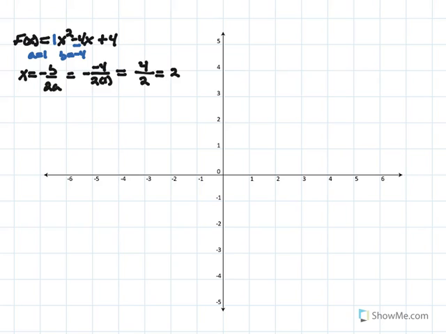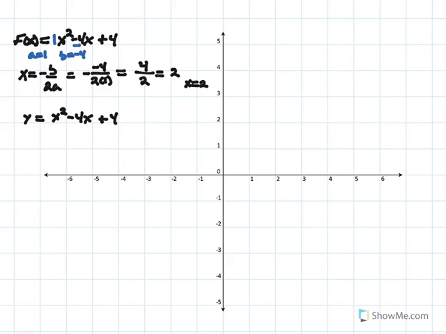And then we get our function. So we said x equals 2. Now to get y, remember f of x is y. It's the same thing, so we'll label that function as y. And then we have x squared minus 4x plus 4.